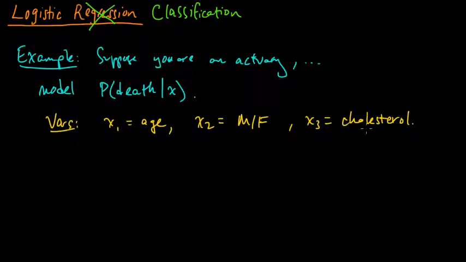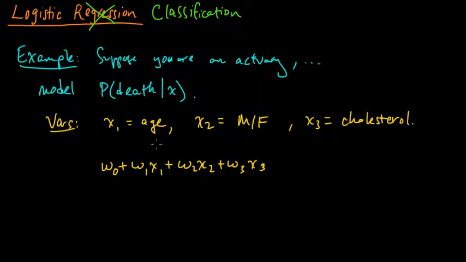You have this data and you want to find a super simple model, with as few parameters as possible. So you say to yourself, what if I took a linear combination of these? What if I took some offset w0 plus w1 x1 plus w2 x2 plus w3 x3. When age is large, and say w1 is positive, this thing is going to get bigger.